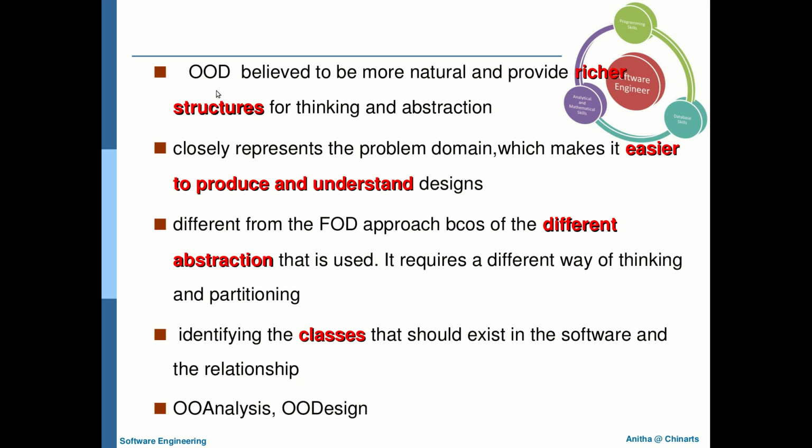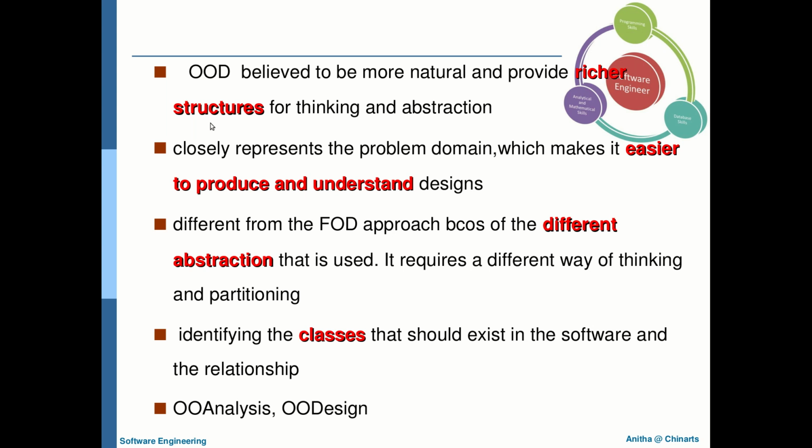Now when you take the object oriented design, it is believed to be more natural and it provides richer structures for thinking and abstraction. Why? Because object oriented design is generally used for the real world, so this approach becomes more natural.